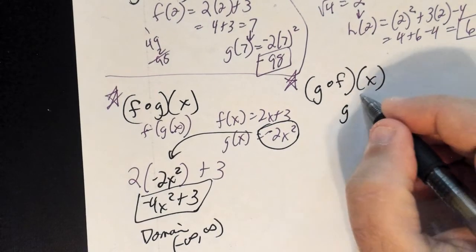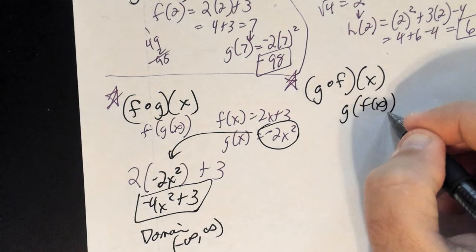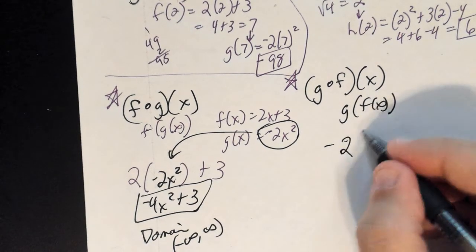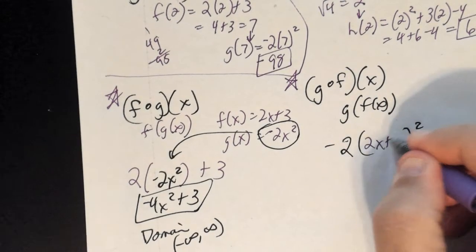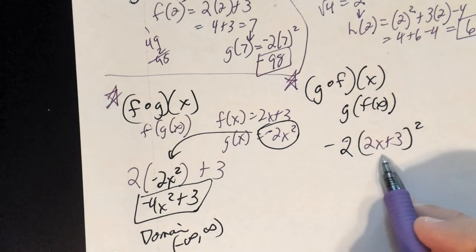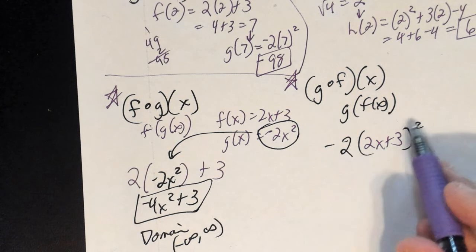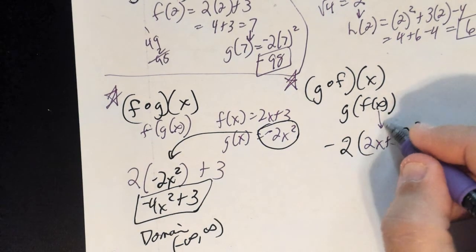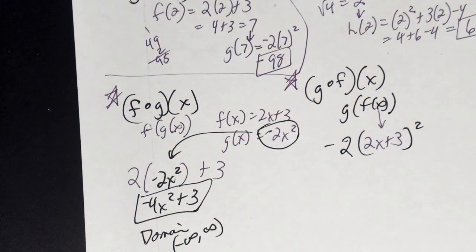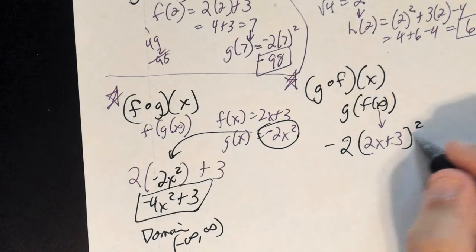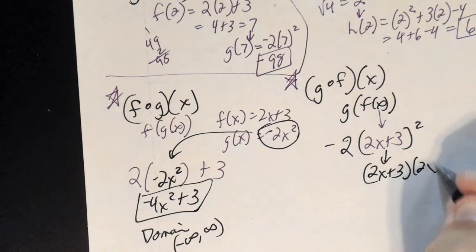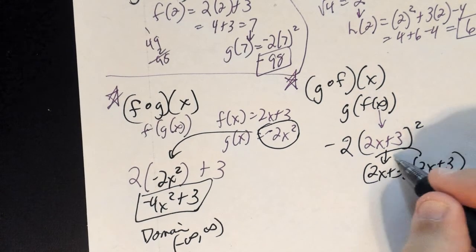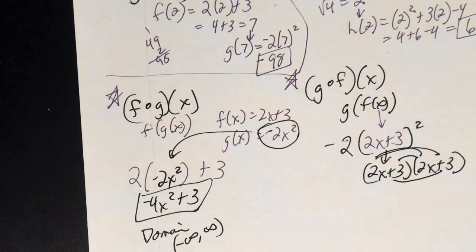Well, that would be g of f of x, which would mean in the g function, we're going to put f of x. So there's the x value for the g function, -2x squared, and this is my f of x right here. Now, what does that mean I have to do? Well, that means I have to square this. This is going to be 2x plus 3 times 2x plus 3. And you'd have to FOIL it, or however you want to look at it.